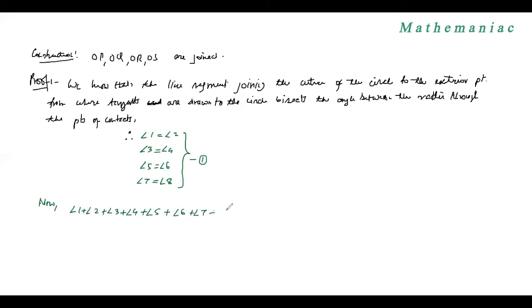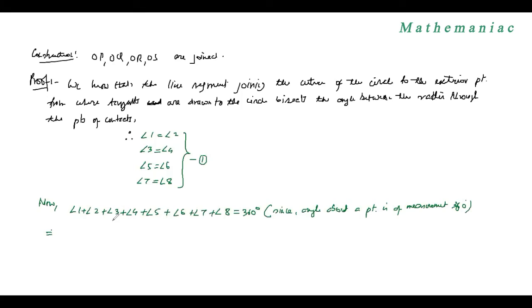This whole angle is going to give me 360 degrees. So you can give a reason: since angle about a point is of measurement 360 degrees. It is a complete angle we are considering.